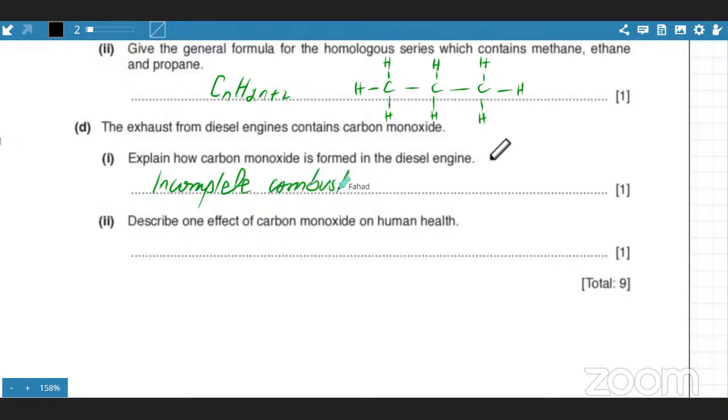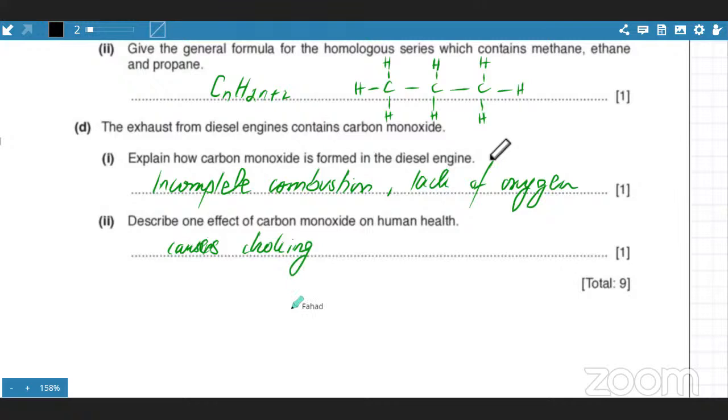So, incomplete combustion, insufficient supply of oxygen, or lack of oxygen. That should cover it. Describe one effect of carbon monoxide on human health. Causes choking. It's a poisonous gas. So it's a very poisonous gas.